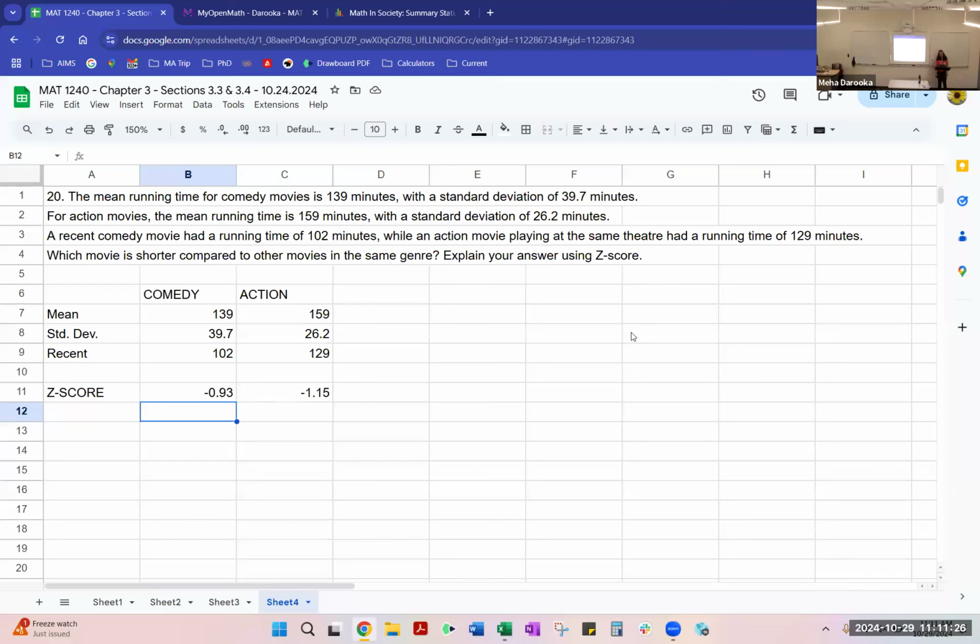The action movie has a z-score of negative 1.15. So the action movie has a longer z-score or a larger z-score compared to the comedy. So how does that translate to our question? Which movie is shorter compared to the movies in its genre?